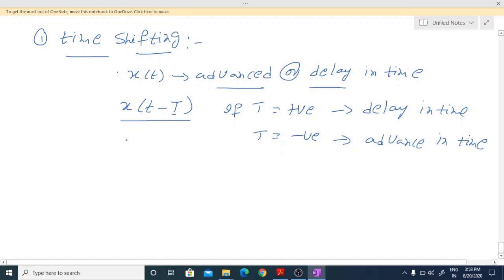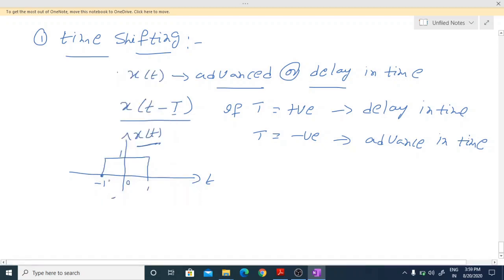Let us consider a signal x of t, and let us assume that x of t is a rectangular signal. The t values are -1, 0 and 1, and the amplitude is 1. In this x of t signal, the signal starts from -1.